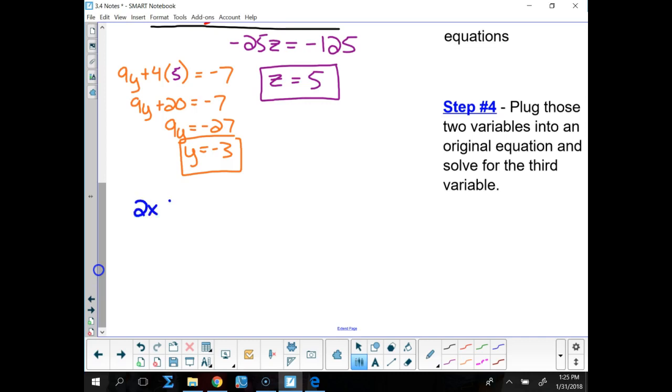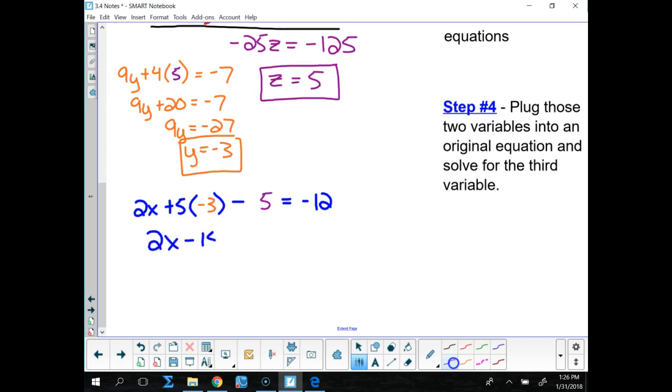So 2x plus 5 times y, y is -3, minus z, z is 5, has to equal -12. So that's 2x minus 15 minus 5 equals -12.